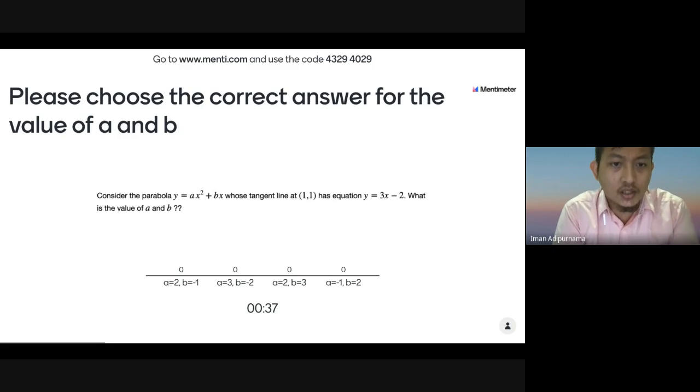You have a parabola, you have the equation, and you need to find the value of A and B in the parabola. I hope the time is okay.